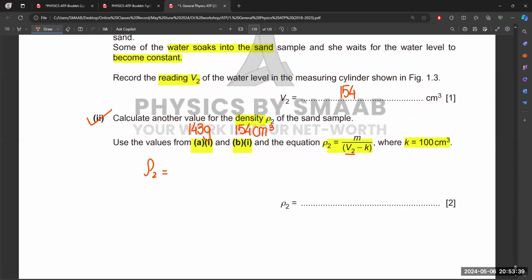You will get the answer 143 divided by 154, and the value of K is 100. So 143 divided by 54.